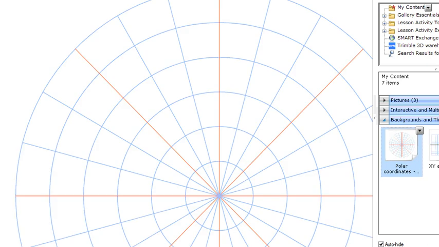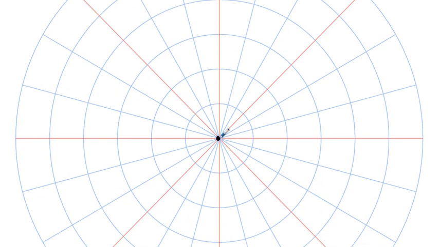This is what graph paper looks like when you're in polar mode. So you've got your origin here, and let's pretend that I want to find the point (2, pi over 4). So I come out from the origin a distance of 2, and I rotate. This right here is (2, pi over 4).